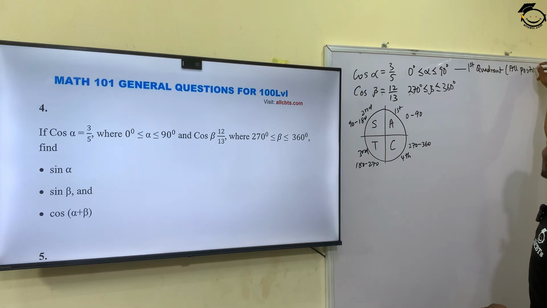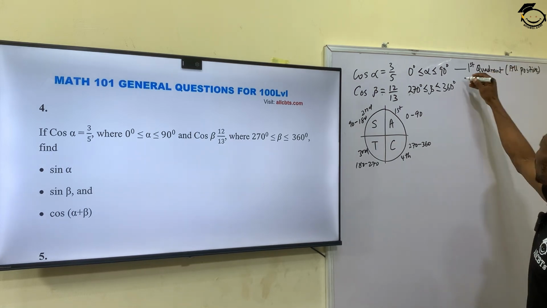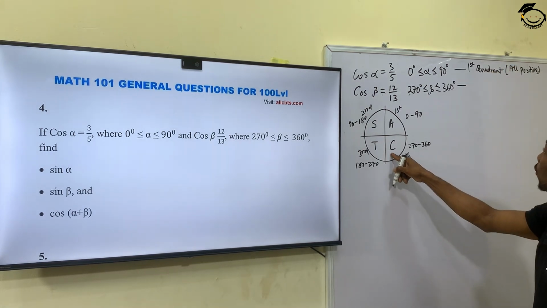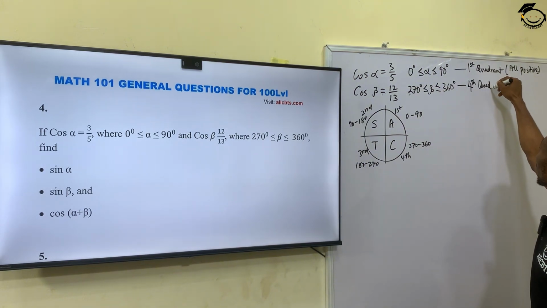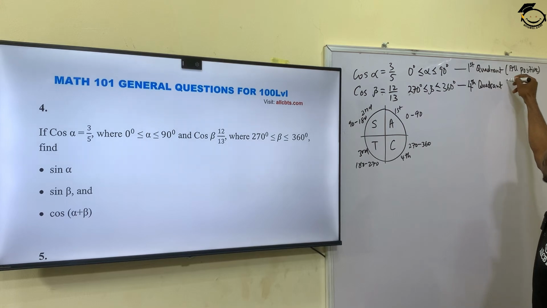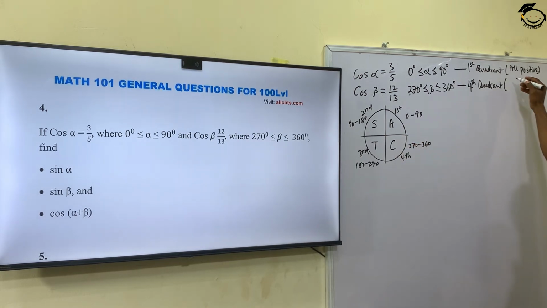Now, beta lies within our fourth quadrant. In this, cosine is positive, sine and tangent are negative. All right, now we'll bear this in mind.